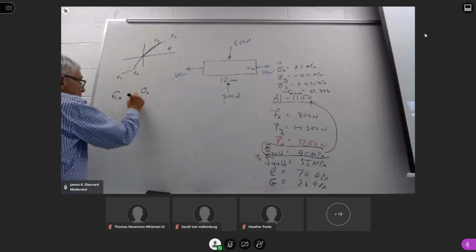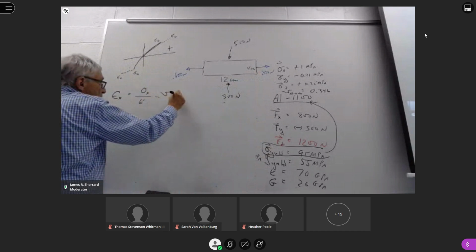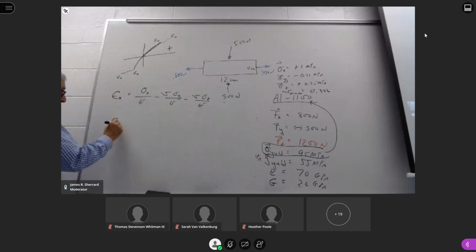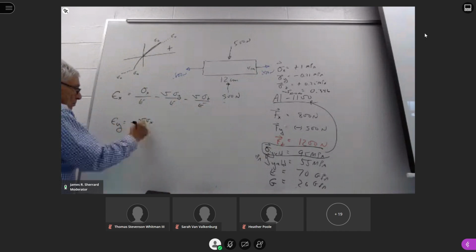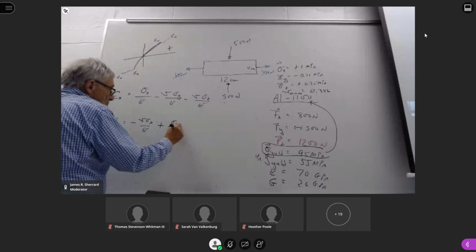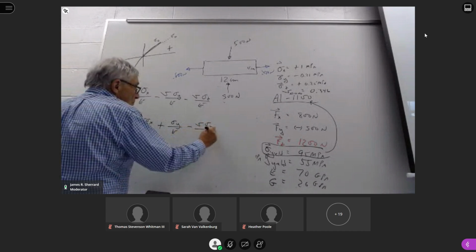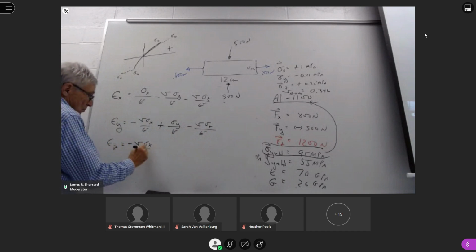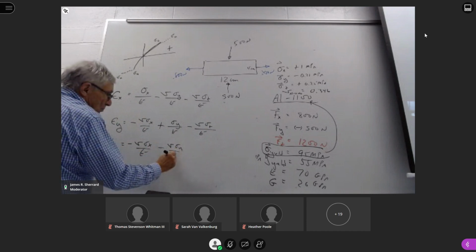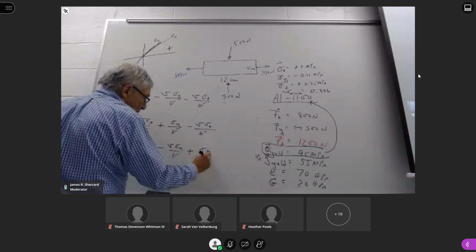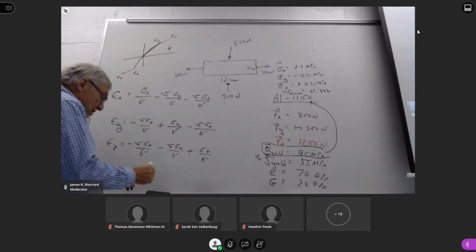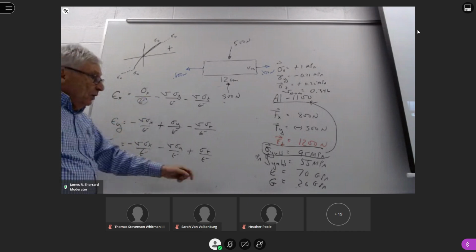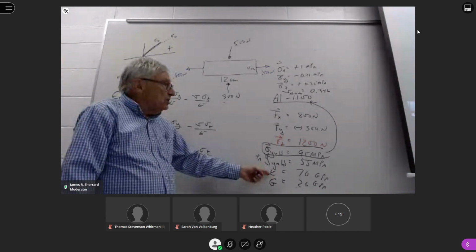So this is okay. So what we're going to do now is everywhere we see an E, we're going to go in and substitute this value, because this is the modulus of elasticity for aluminum 1100.